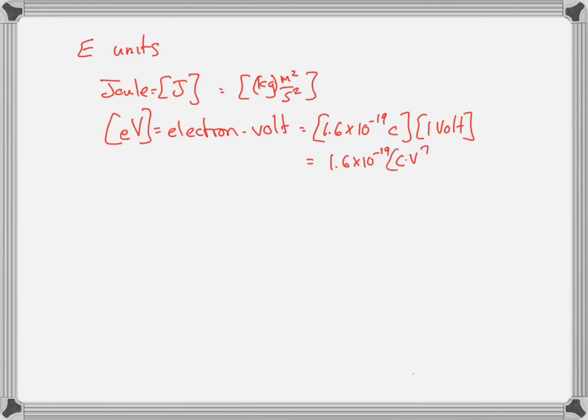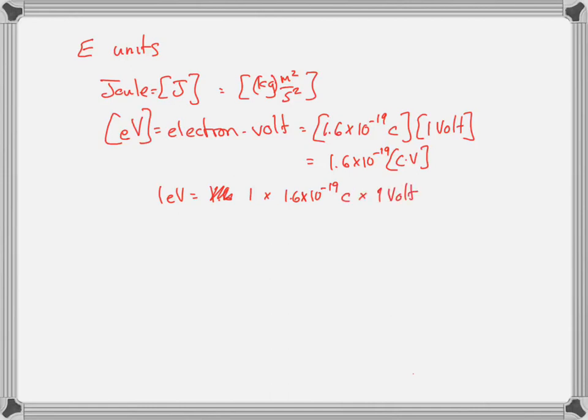And I don't know about brackets here because I'm actually doing some math. I guess we can ignore the brackets because we're really just saying the quantity 1 EV is 1 times 1.6 times 10 to the minus 19th coulombs times 1 volt.